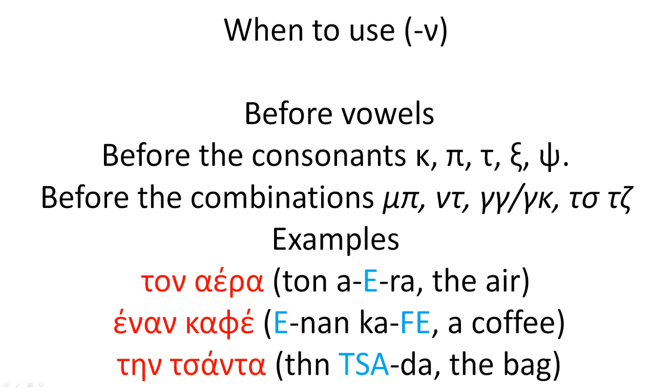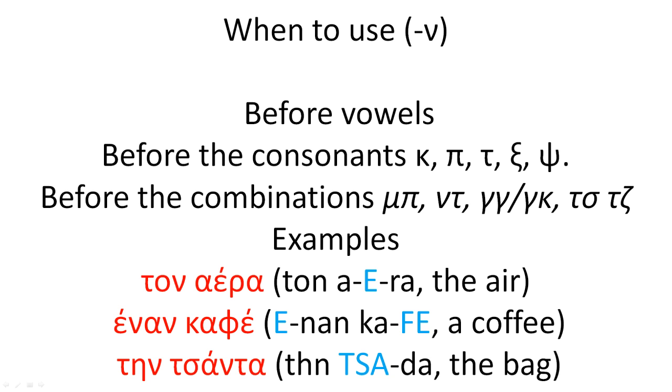This last slide is, like I promised you, about when to use the ν. If you remember, in accusative we had, for example, τον or την, and I told you whether we write ν depends on the letter the next word starts with. So when to use ν?